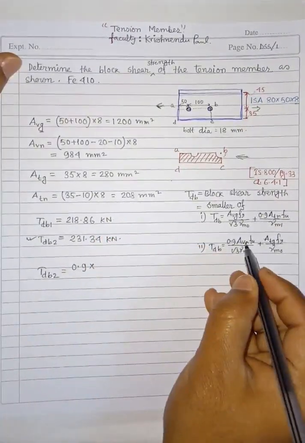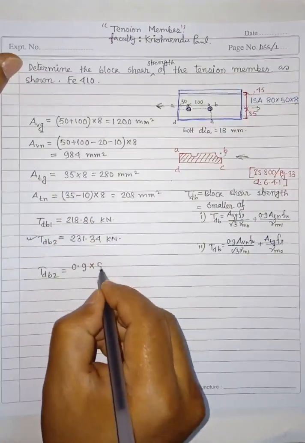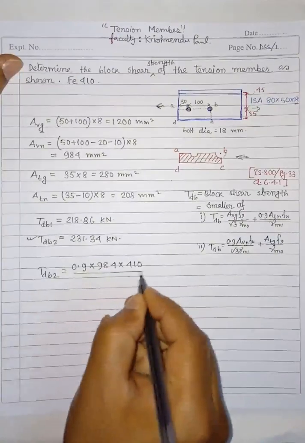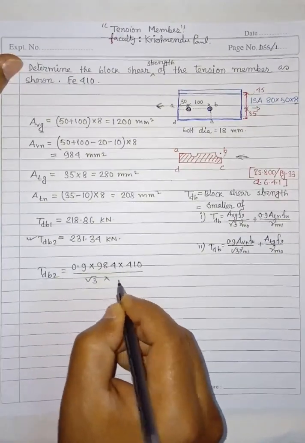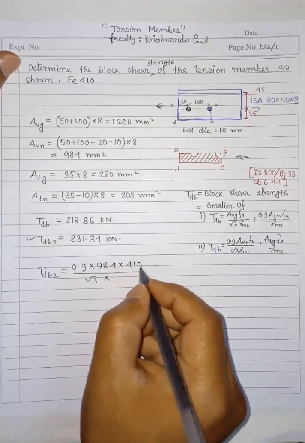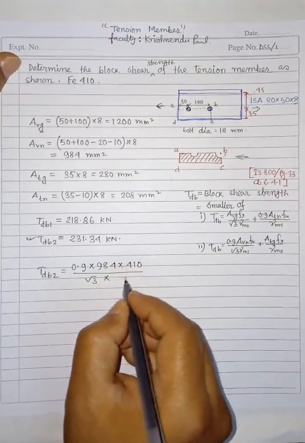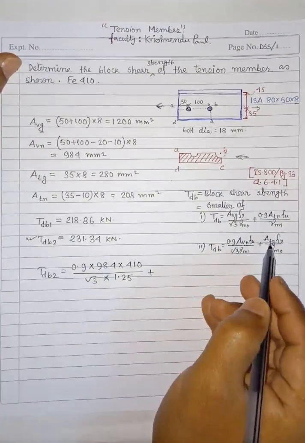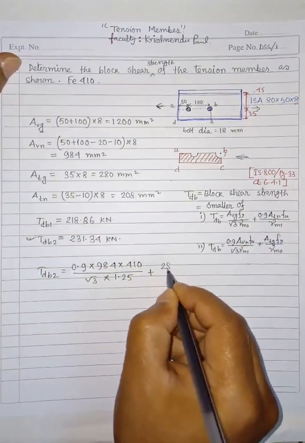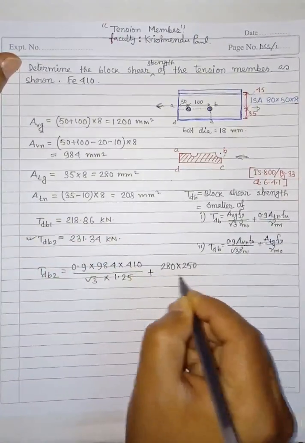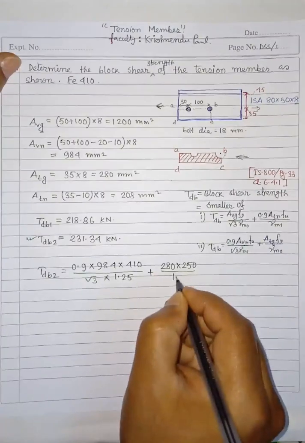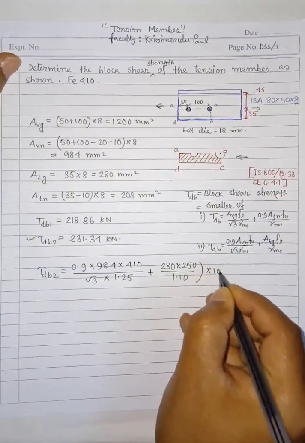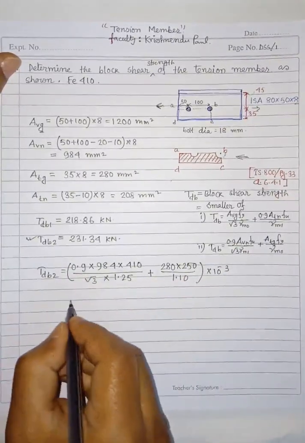So Avn, it will be 984 into 410 by root 3 into, as I have used 410, that means ultimate strength, so we have to use 1.25, plus Atg. Atg means this one, 280 into 250 by 1.10, and you should multiply by 10 to the power minus 3 to convert it into kilonewton.